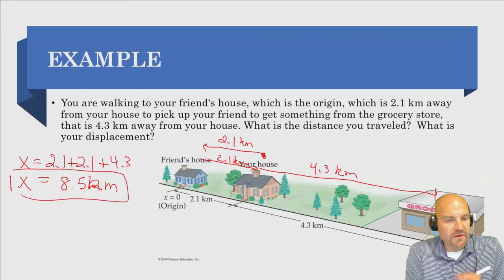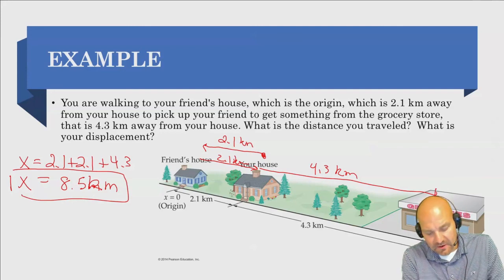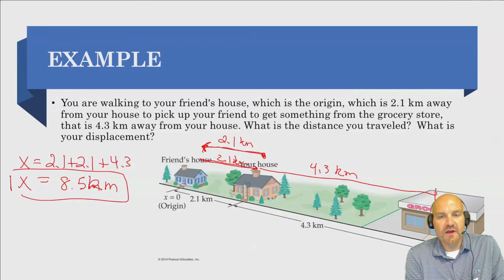Okay. Now, one thing you need to know is that your distance and displacement may not always be the same. If it is a straight line from where you start to where you end, then yes, they will be equal. But what happens here? Notice that we go towards our friend's house, but then we go back towards our house.